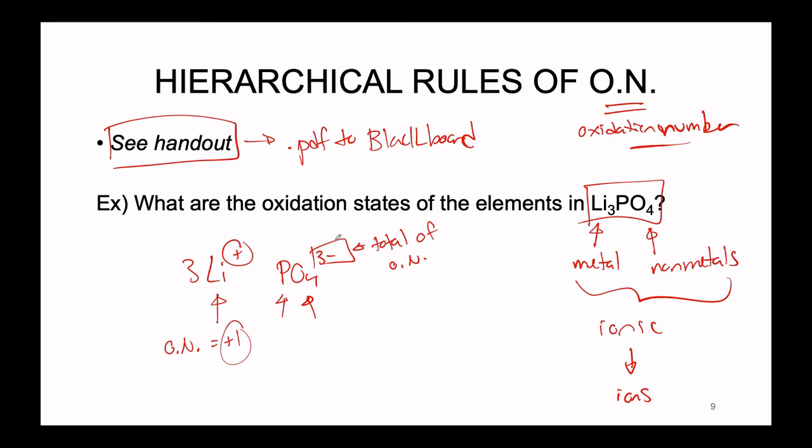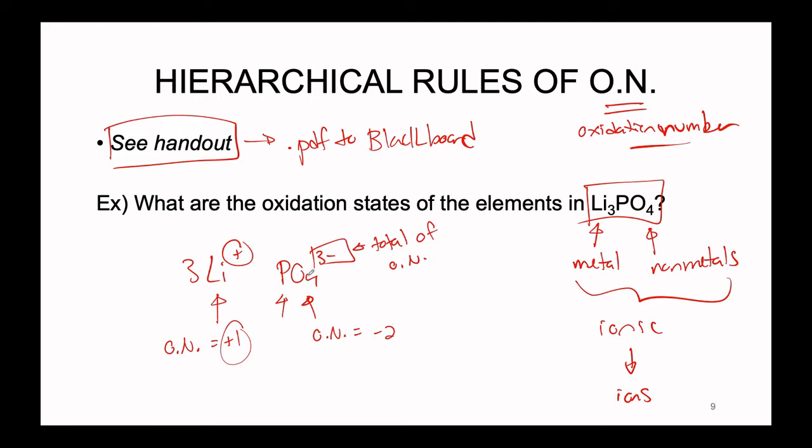Now, if we work our way from top down, we have to find where phosphorus or oxygen are addressed in the hierarchical rules, and we can see that oxygen is addressed first. According to the rules, oxygen is going to have an oxidation number equal to -2, unless there is a different rule that conflicts, which in this case there's nothing we've seen so far that conflicts.